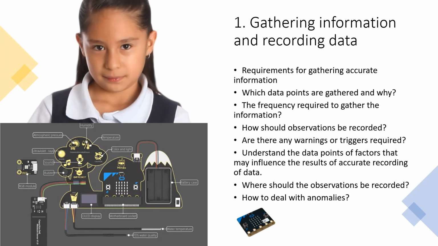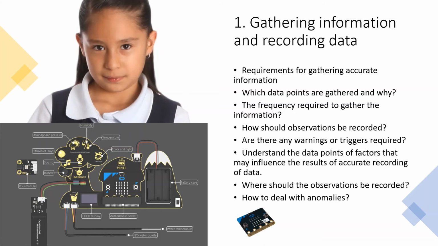So what is important? First of all, gathering the information and recording the information. Now, what you would find is that there are some key aspects that we want to install when doing that. It's first of all observation technique.